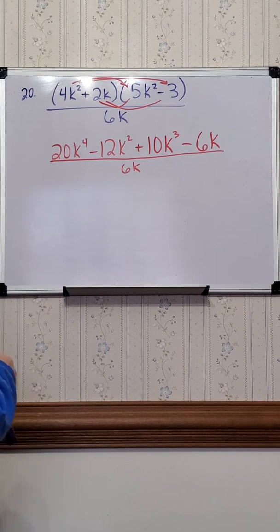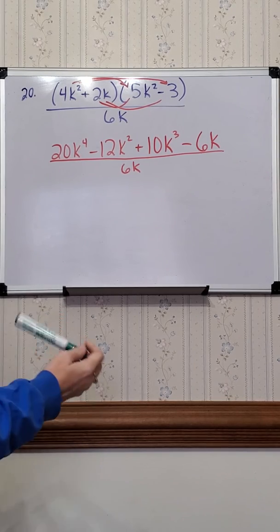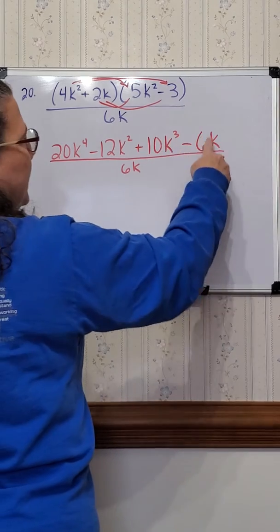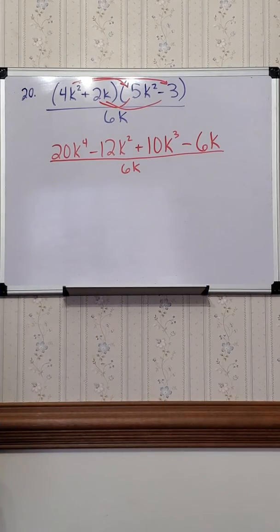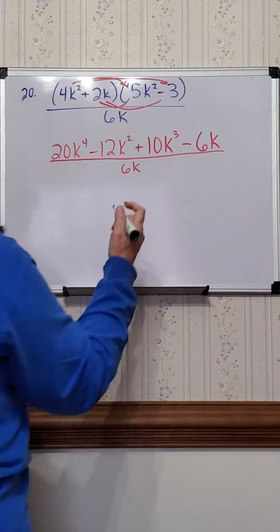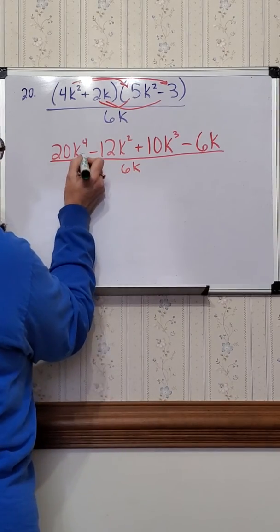So, is there anything here that I can combine like terms with? When I look at this, I've got a 4, a 2, a 3, and a k. Nothing is like terms. So, what am I going to do? Alright, let's start with our first one.